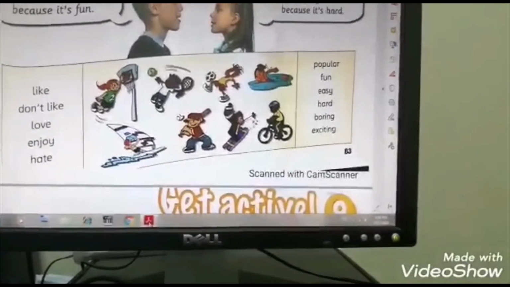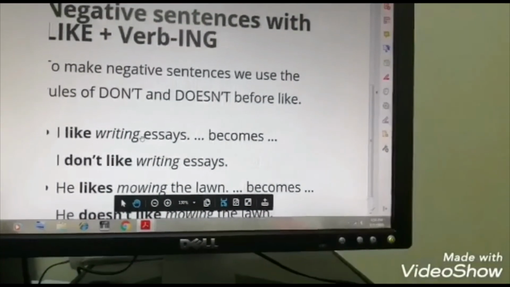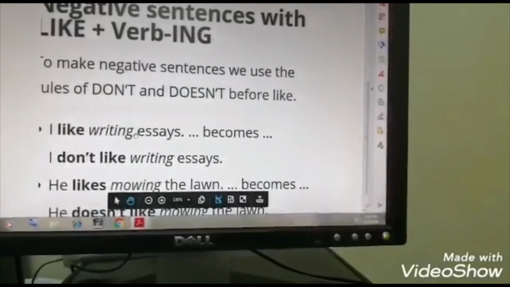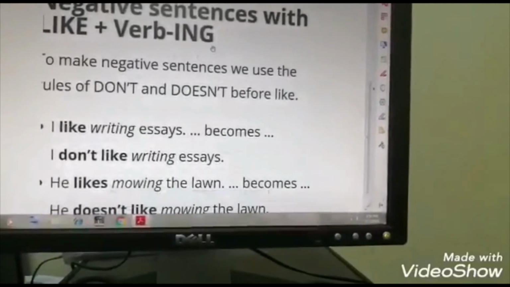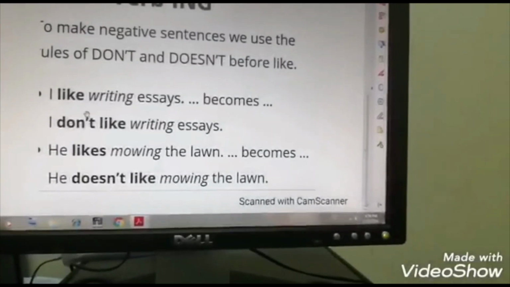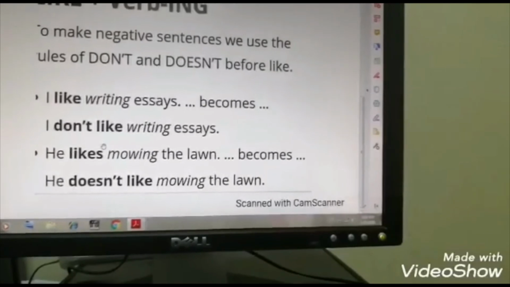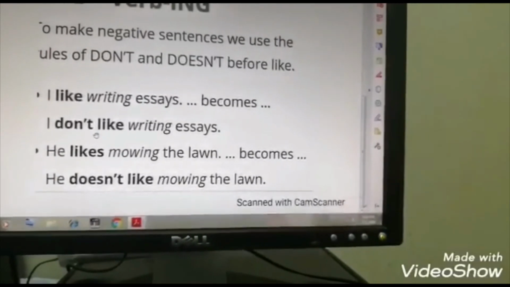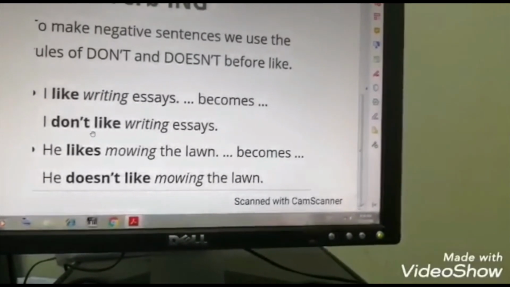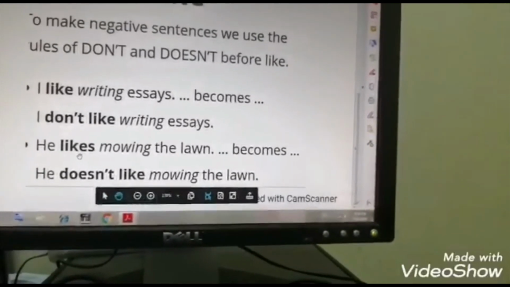Now look at the grammar part. When we want to talk about our likes and dislikes, with the verb we use ing. For example, I like writing essays. And if someone doesn't like it, we say I don't like writing essays. With he, we usually say present simple.